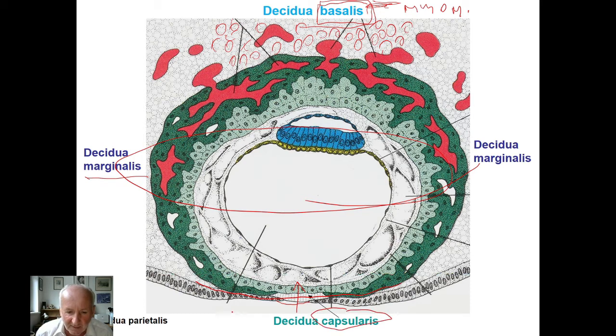We don't need the placenta here, we need the placenta on this side. The rest of the endometrium will undergo the reaction very weakly, and this is called decidua parietalis. So the nicest decidual cells we see in decidua basalis. Here is the reaction the biggest.